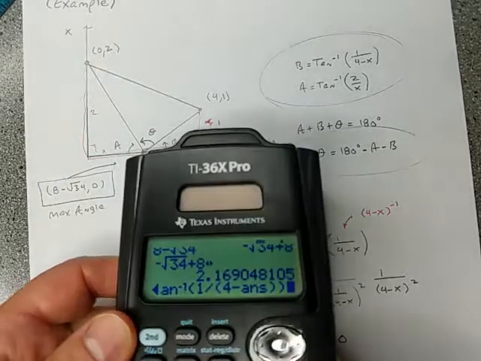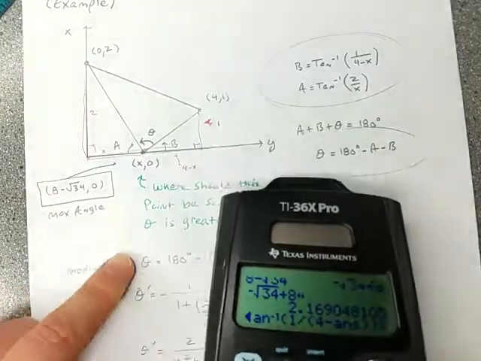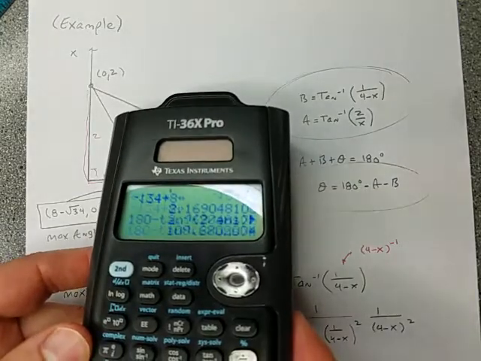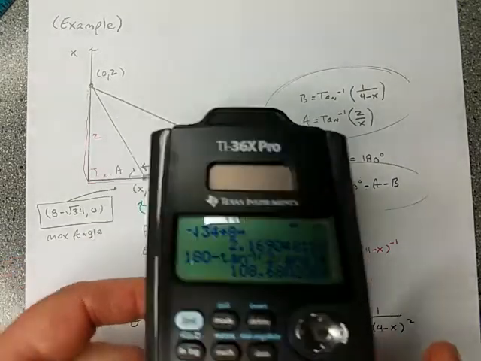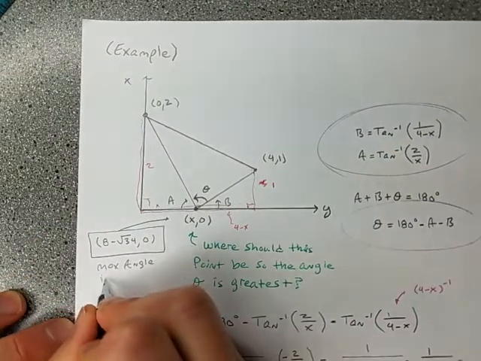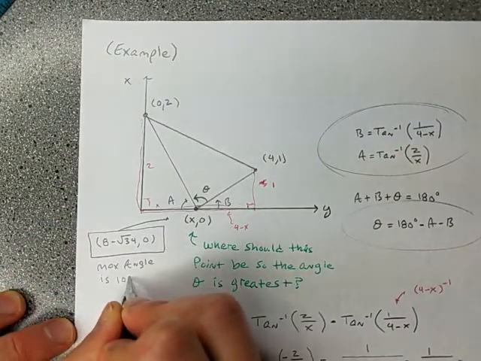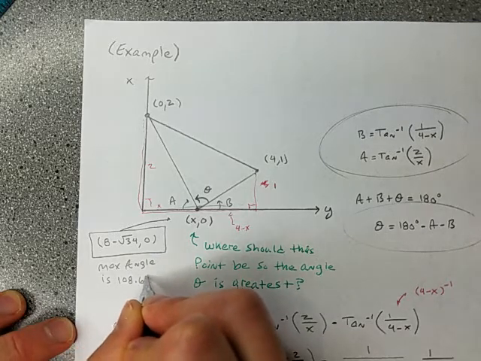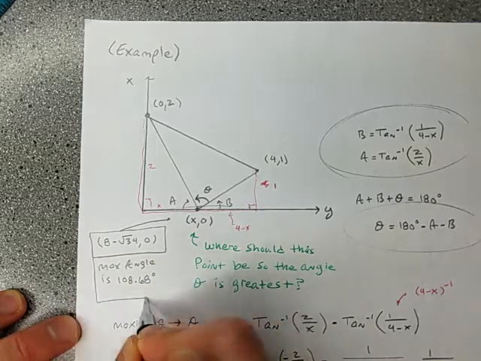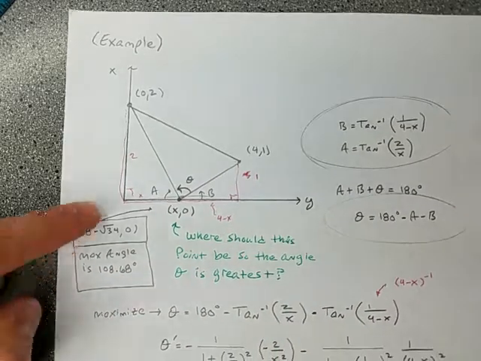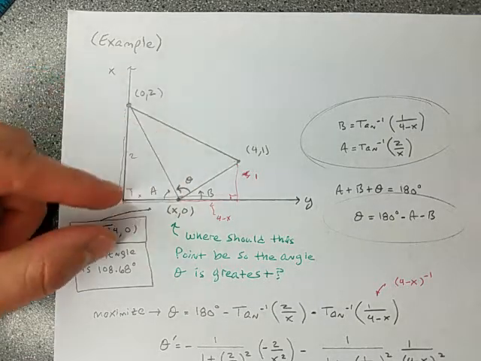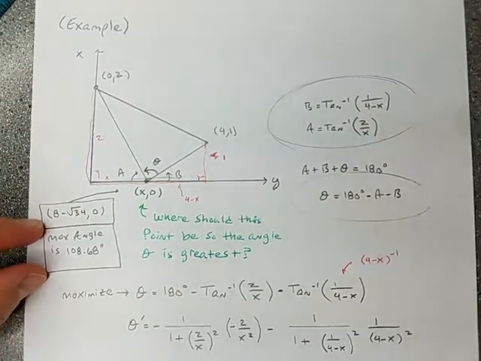That will tell me the biggest possible value that angle is going to take if we put it here. It turns out to be 108.68. So the max angle possible in this scenario is 108.68, and I did all that math in degrees. Okay, so that's the location of the point to give the maximum size of the angle, and this is the maximum size of the angle.